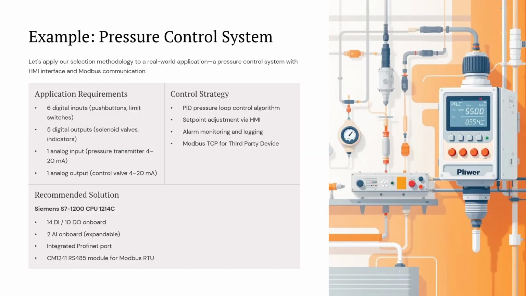Now here we will consider one example, a pressure control system. For the pressure control system we require 6 digital inputs, 5 digital outputs, 1 analog input and 1 analog output. It also needs one PID control and Modbus communication for third party devices, let's say for a weighing transmitter or for third party PLC communication.